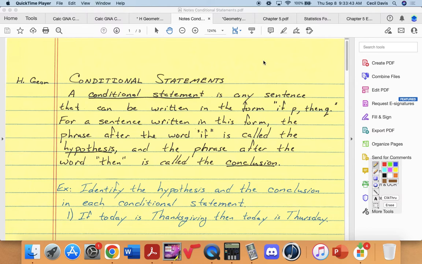Okay? So, a conditional statement, by definition, is any sentence that can be written in the form, if P, then Q. You're like, what the heck are P and Q? P and Q just stand for some phrase. It's just a lot easier to write that than write if some phrase, then some other phrase.